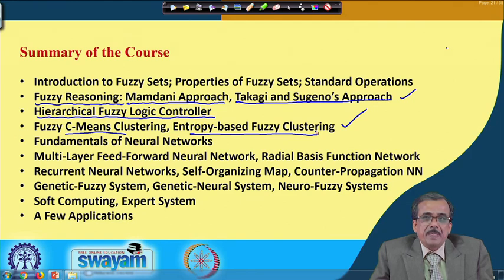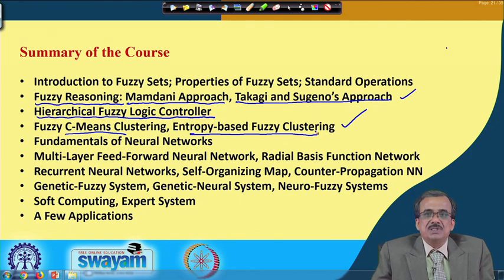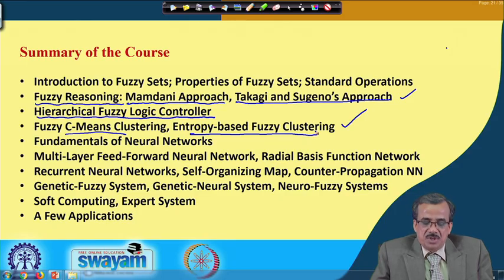Now, this particular network can be developed using the principle of unsupervised learning and supervised learning. By supervised learning, what we mean is learning with a teacher. So, we have a predetermined known input output relationship, and with the help of this known input output relationship, if we do the training, that is called supervised learning or learning with a teacher.